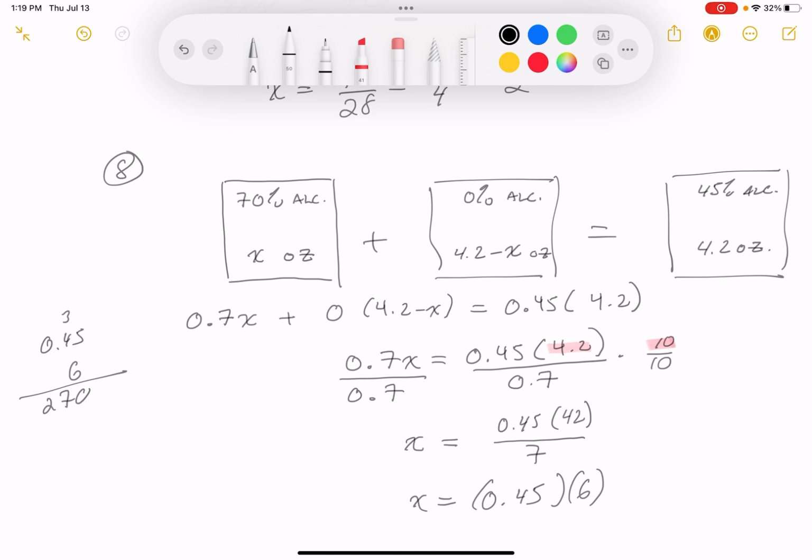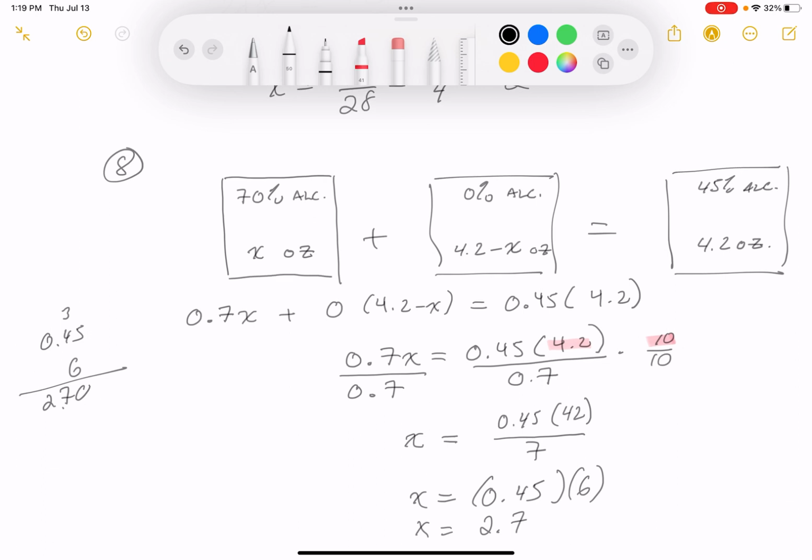Two decimal places, so X equals 2.7. All right, and so what does that number mean? I'll write it down over here that this is actually 2.7 ounces. What's the other one going to be? Well, 4.2 minus 2.7 is going to be 1.5 ounces.